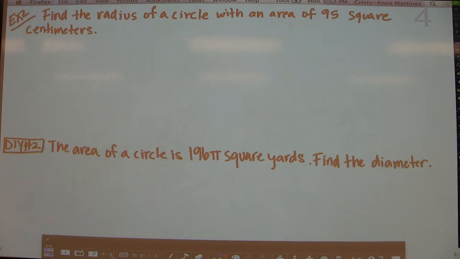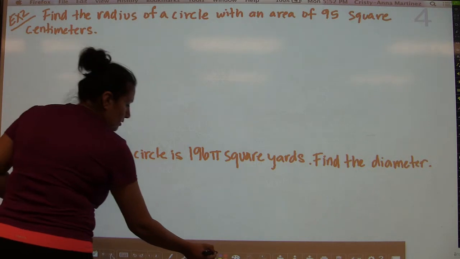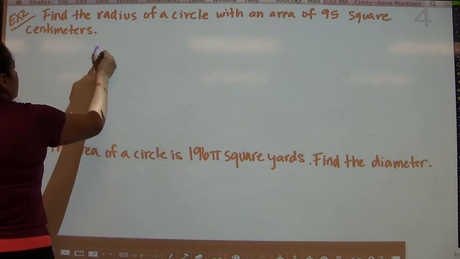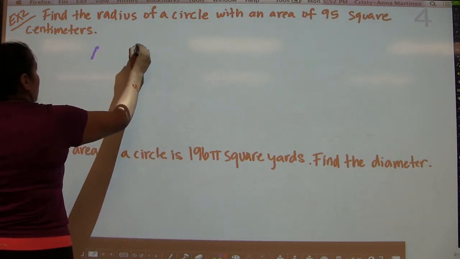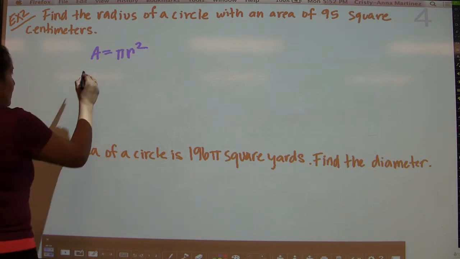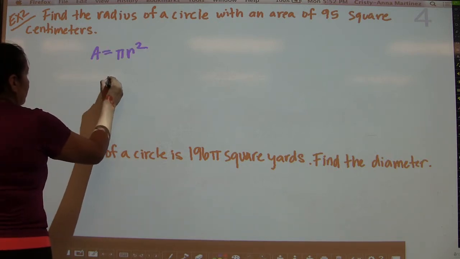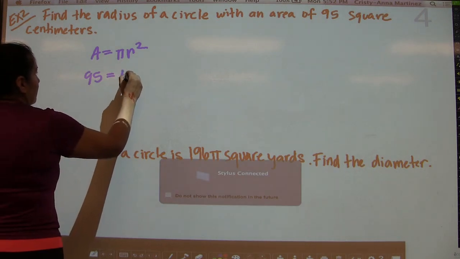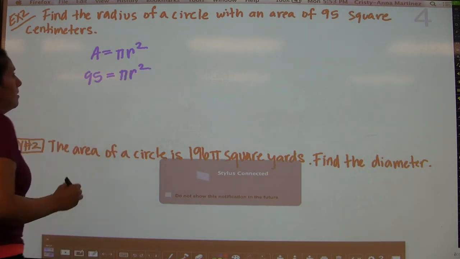Example 2 says, find the radius of a circle with an area of 95 square centimeters. You don't actually have to have a circle to be looking at to do this problem, but we know that the area is equal to pi r squared. In the problem, they tell us that the area is 95 square centimeters, so we're going to replace the A with 95 equals pi r squared.